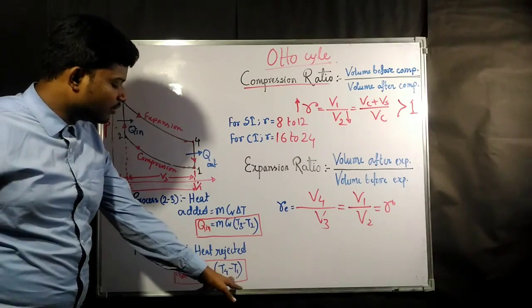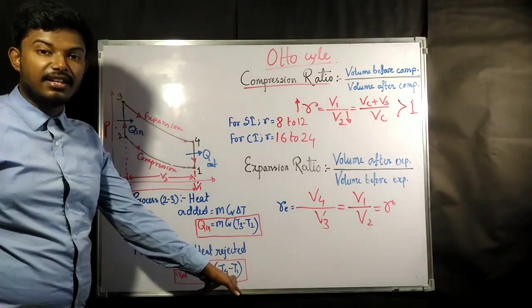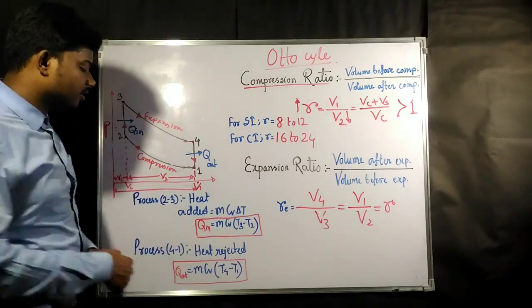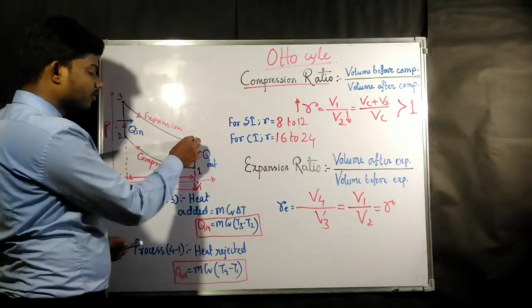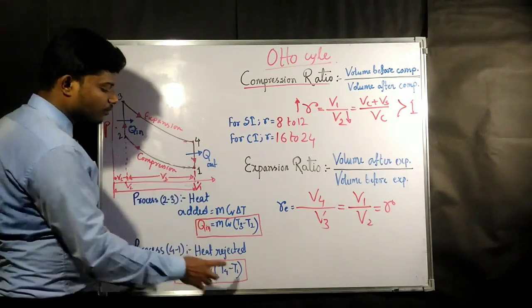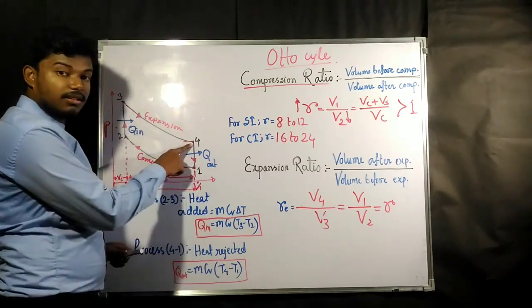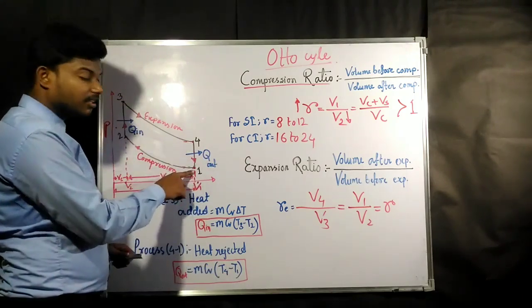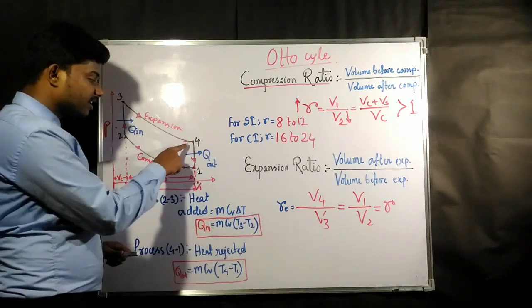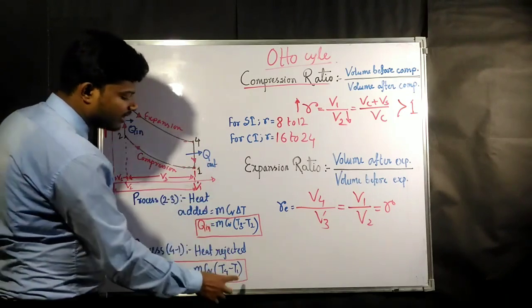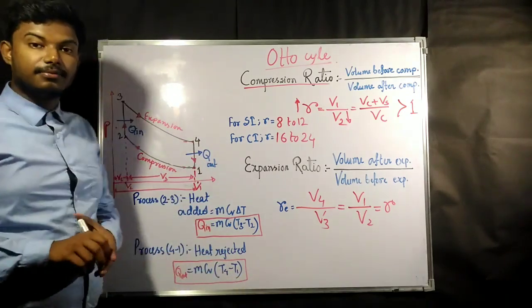The only thing that will be different is the temperature difference observed while reaching from point 4 to 1. So we'll subtract T1, the final temperature. Since it is rejecting heat, the final temperature is going to be lower than the initial temperature. So we are going to take the difference of T4 minus T1.